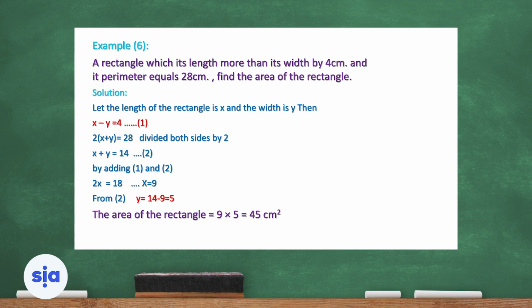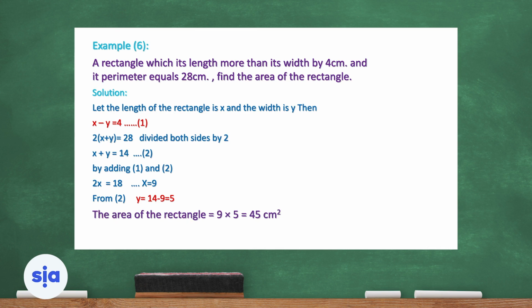To find the area of this rectangle, we know that the area equals length times width. So what's the length of the rectangle? It's 9 times the width, which is 5. Then the area of this rectangle is 45 centimeters squared.